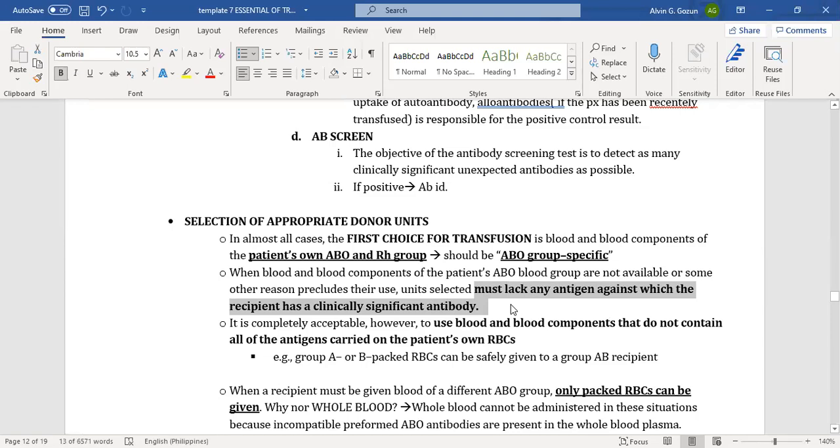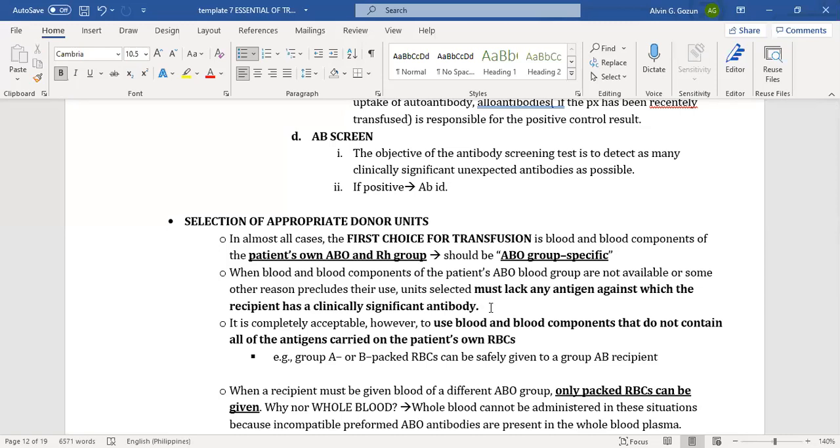So sabi dito, ulitin ko, when blood and blood components of the patient's ABO blood group are not available or some other reason precludes their use, unit selected must lack any antigen against which the recipient has a clinically significant antibody, meaning the blood to be transfused na galing sa donor, dapat wala daw antigen against doon sa antibody na meron si recipient.